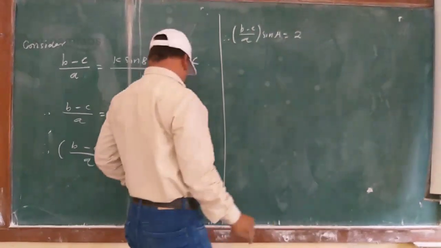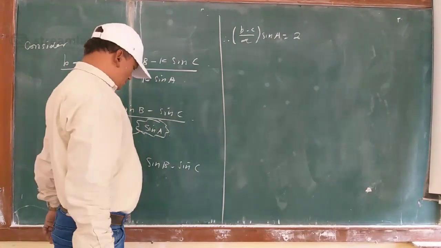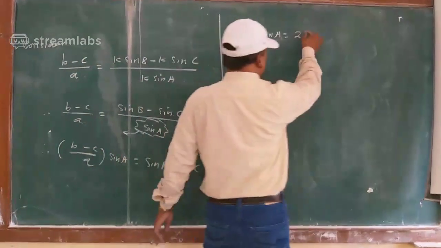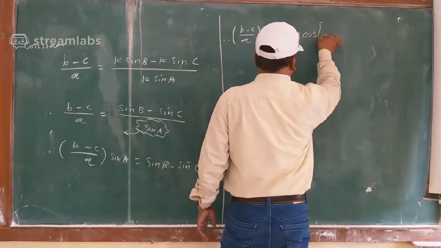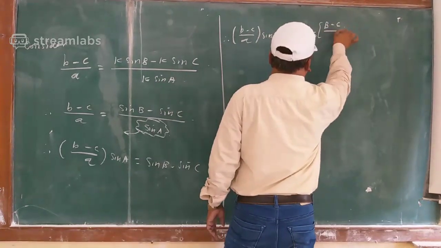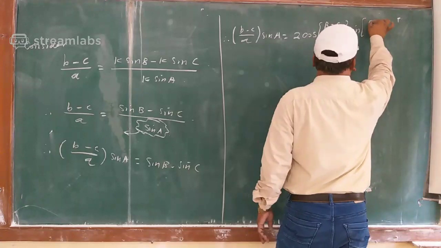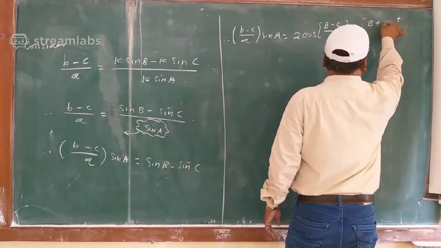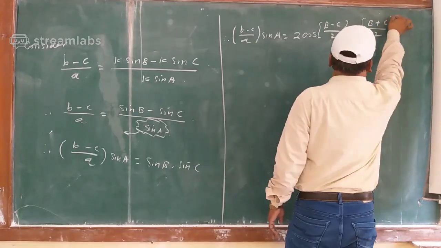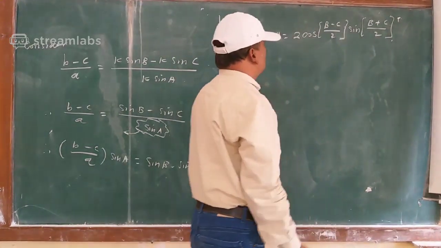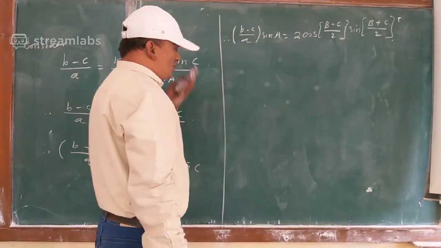After this step, equal to 2 times cos of (B minus C) upon 2 sin of (B plus C) upon 2, using the C-D formula.